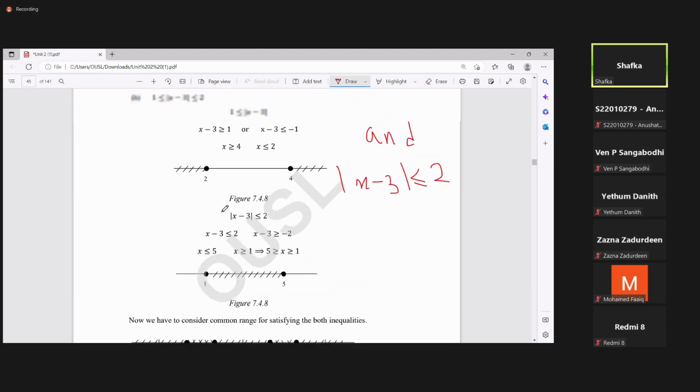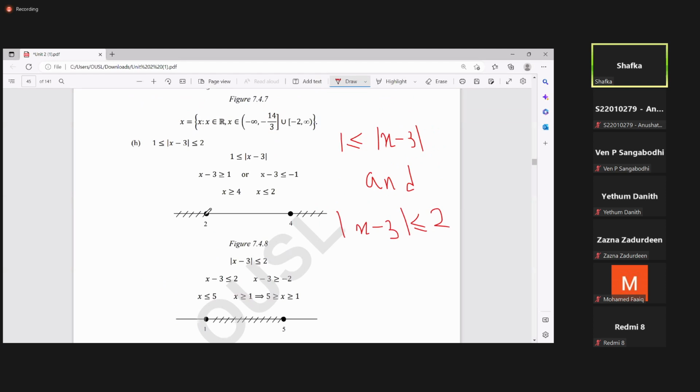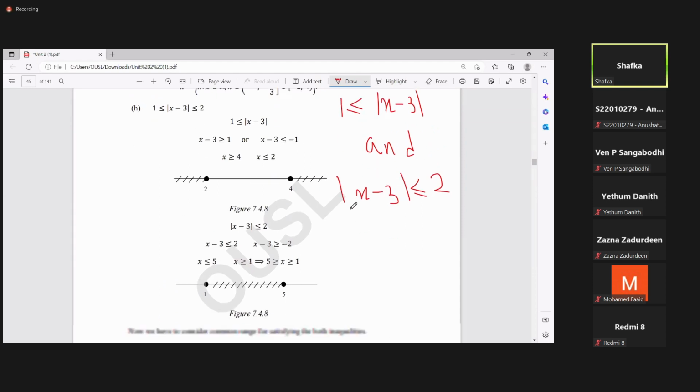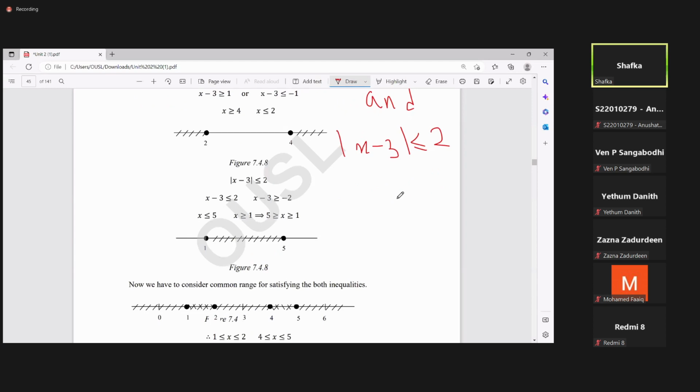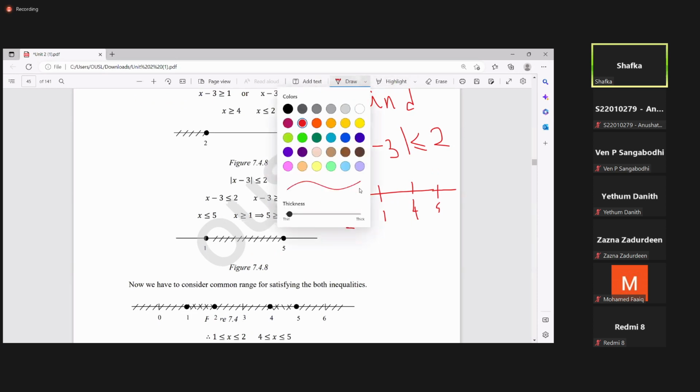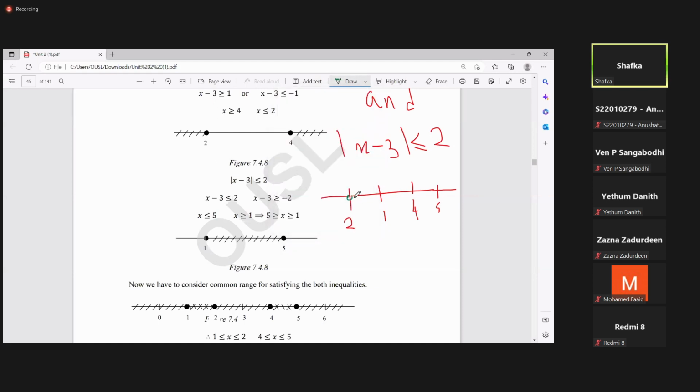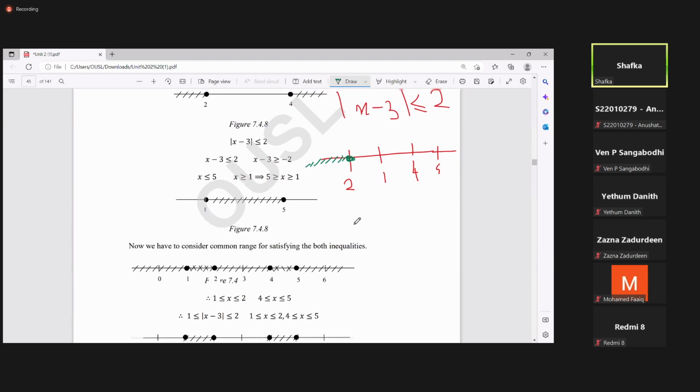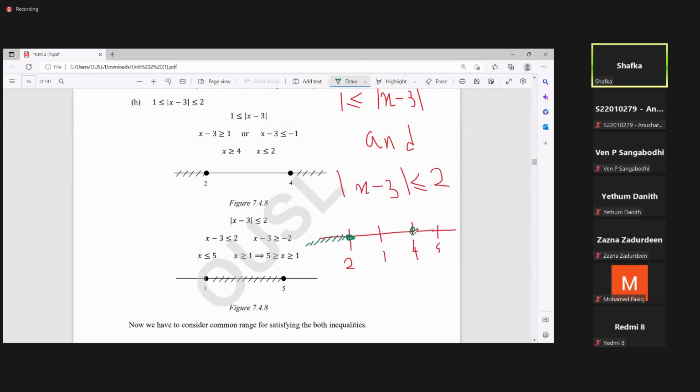The solution for the first one is x less than or equal to 2 and greater than or equal to 4. 2, 1, 4. I'm writing all the critical points over there. This first solution includes this part, and then greater than 4.